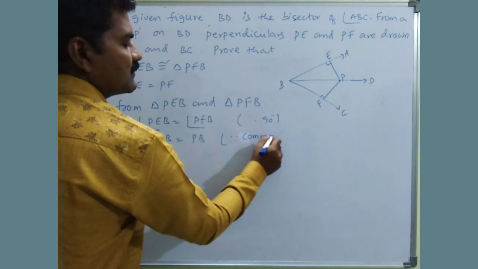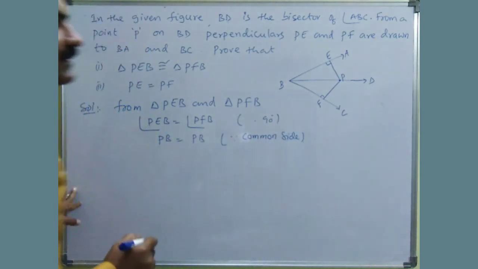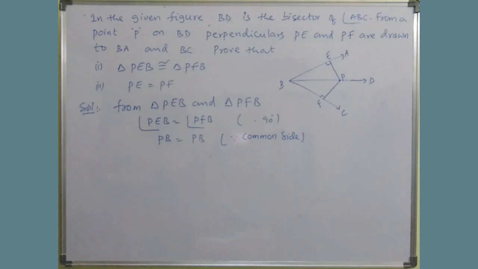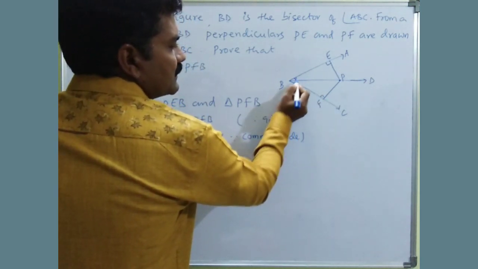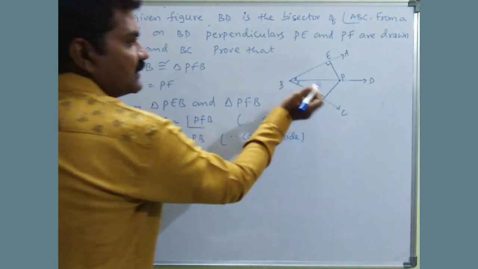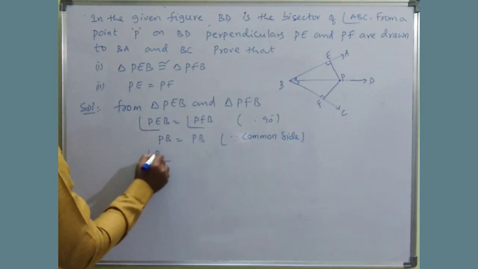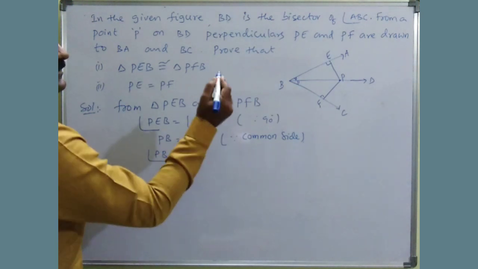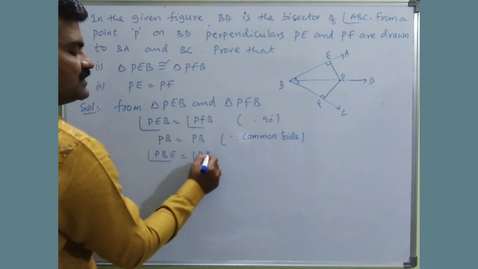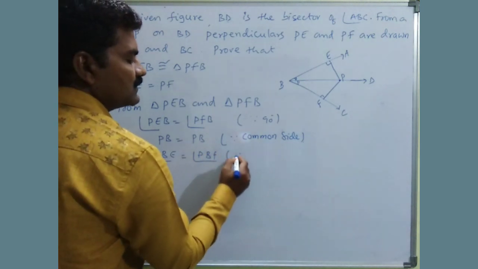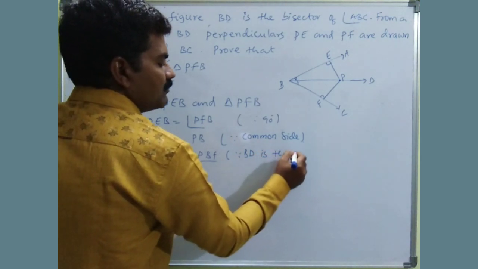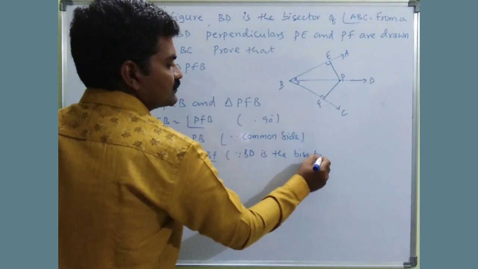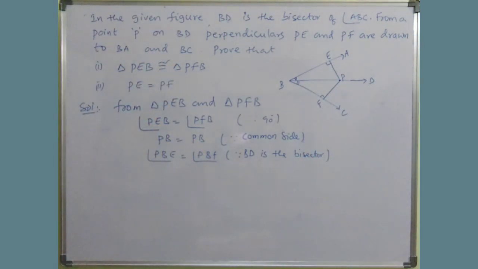Common side. Now let us think about one more angle or one more side. Clearly it is given that BD is a bisector, so this angle is equal to this angle. I mean angle PBE is equal to angle PBF, since BD is the bisector.